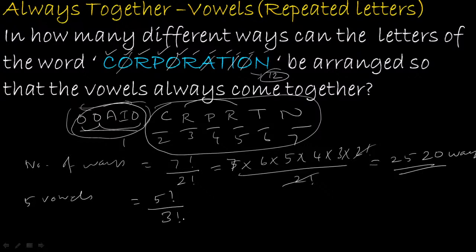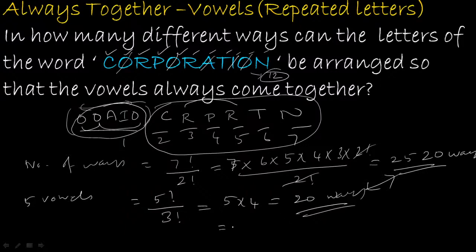Since O repeats 3 times, we have to write 3 factorial in the denominator. So simplifying this, you get 5 times 4, that is 20 possibilities.